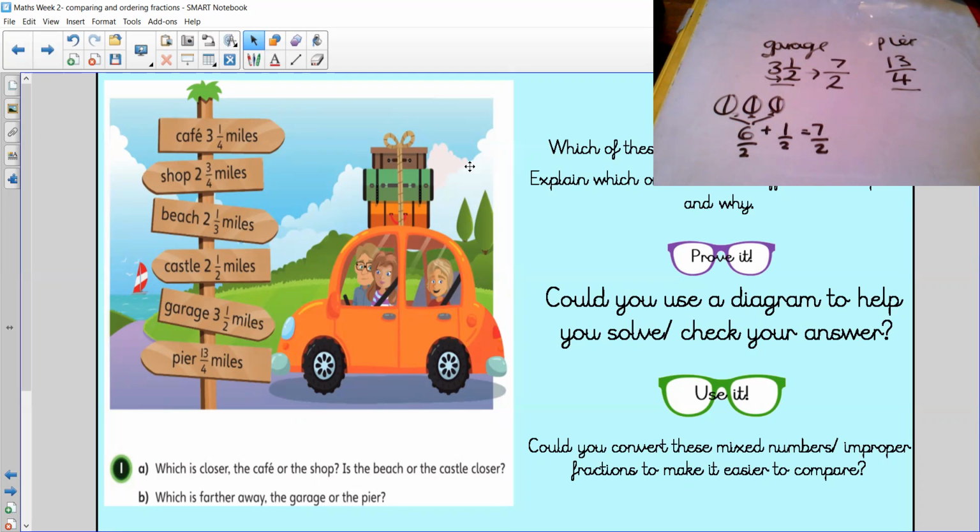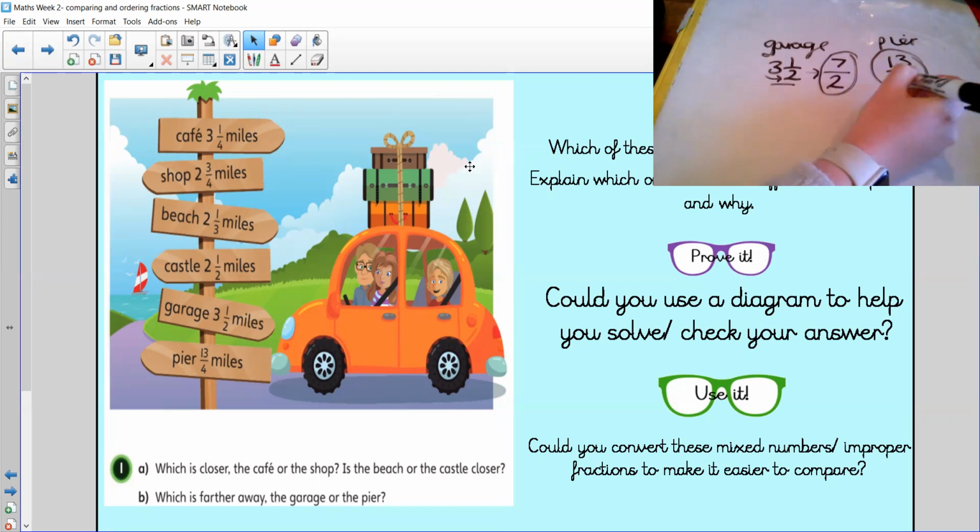Right, can I convert them? Can I compare them now? Because I've got an improper fraction and an improper fraction. Can I compare them? I'm hoping you are all saying no, and you have realised that my denominators are now different. Now, to make them easy to compare, what do we have to try and do?